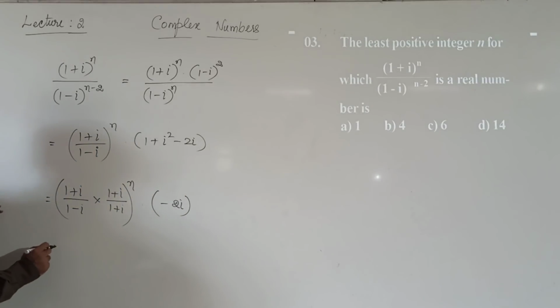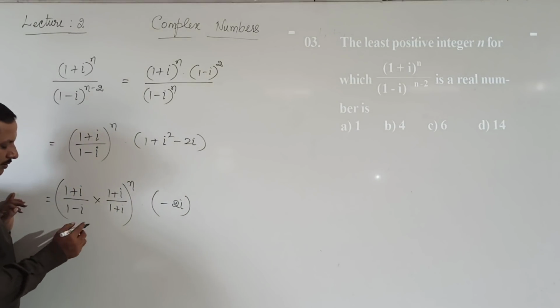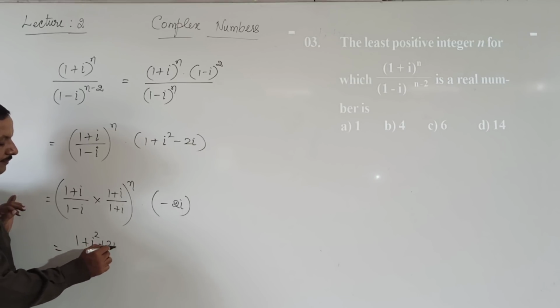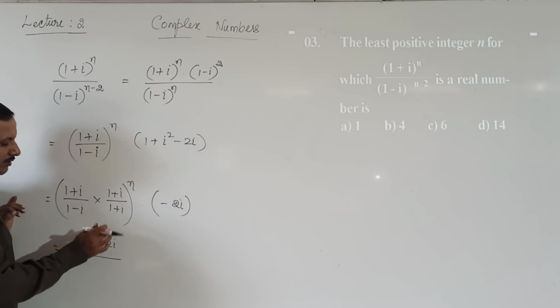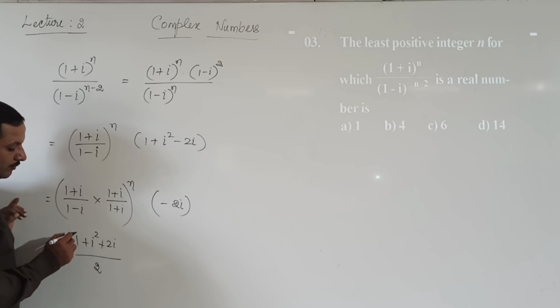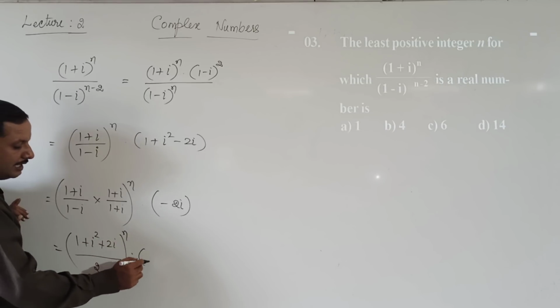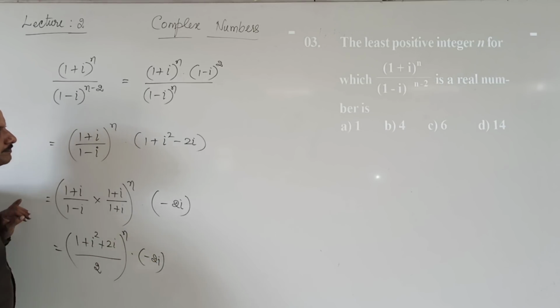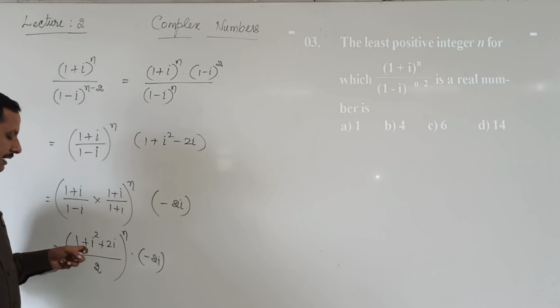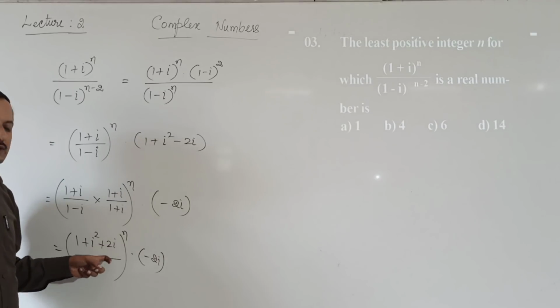Okay. And here, just observe. 1 plus i into 1 plus i, that is (1 plus i) whole square, that will give you 1 plus i square plus 2i. Denominator is (1 minus i) into (1 plus i), that will give you 1 minus i square, so 1 plus 1, 2. Whole power n into minus 2i. I square is minus 1, that 1 minus 1 gets cancelled. 2i by 2 is equal to i.